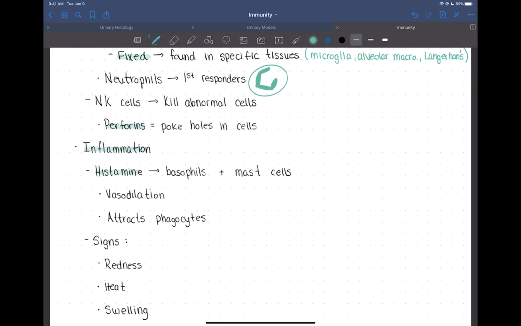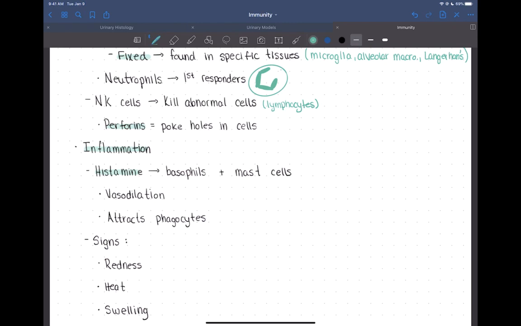Okay, and then we have our NK cells, our natural killer cells. These are a type of lymphocyte, all right, and their function is to kill any abnormal cells. So let's write a little reminder. These are lymphocytes, and they kill any abnormal cell, and they do this by releasing perforins.